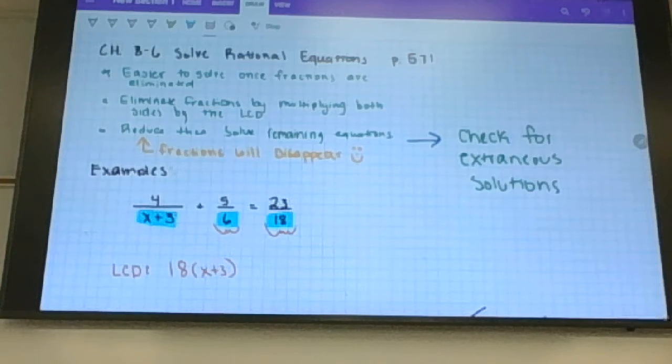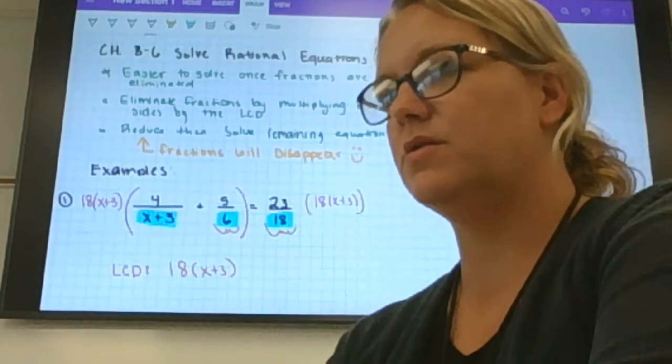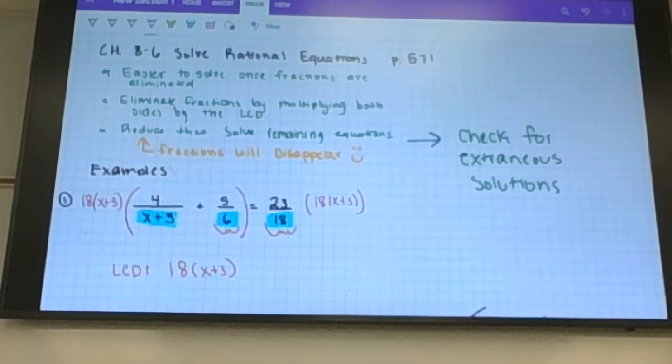So now that I've picked this, and you'll get good at picking it after we do more than one, I'm going to multiply both sides by this. When you write these problems, I recommend that you spread it out, like really wide.